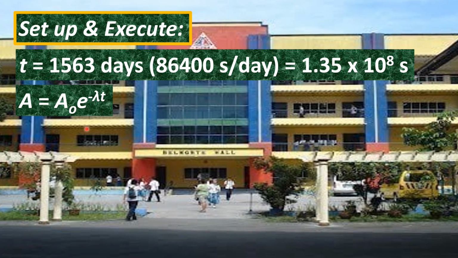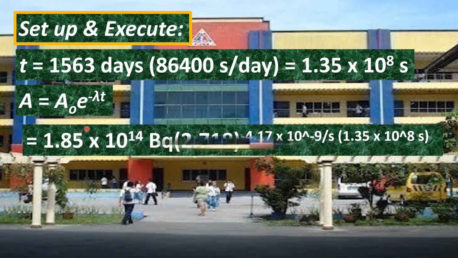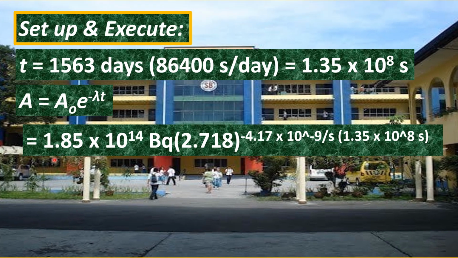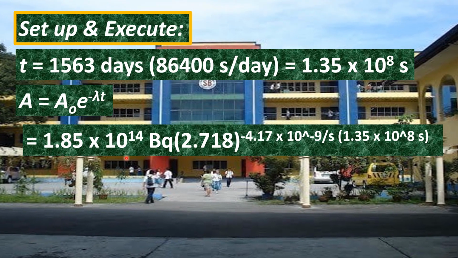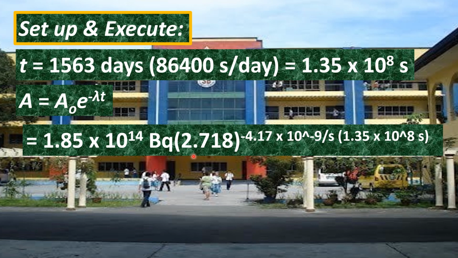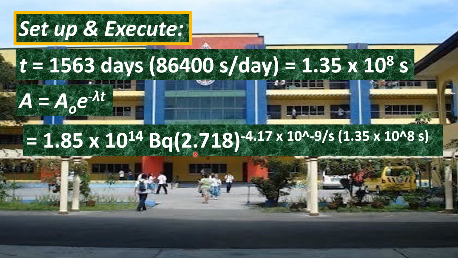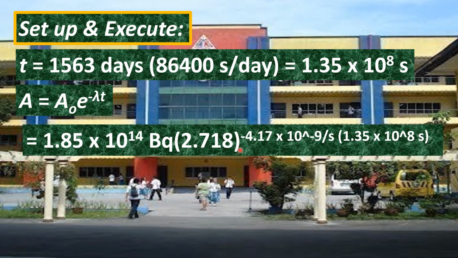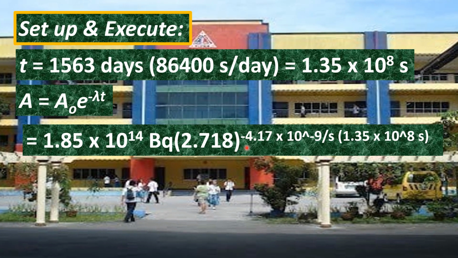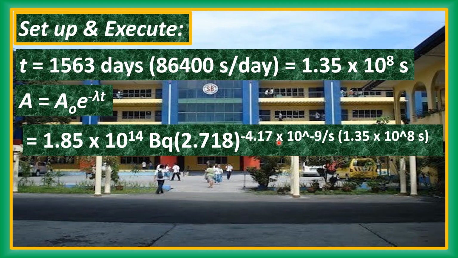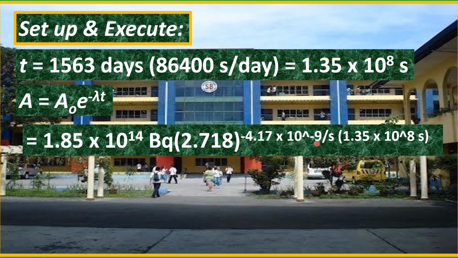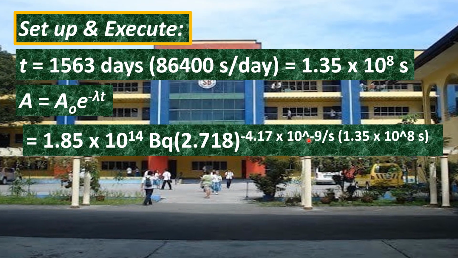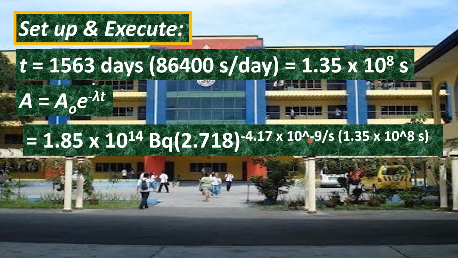Substituting our given values, we have for A naught 1.85 times 10 to the 14th becquerel, and Euler's number, 2.718, raised to the power negative 4.17 times 10 to the negative 9 per second, which is the value of the decay constant lambda.